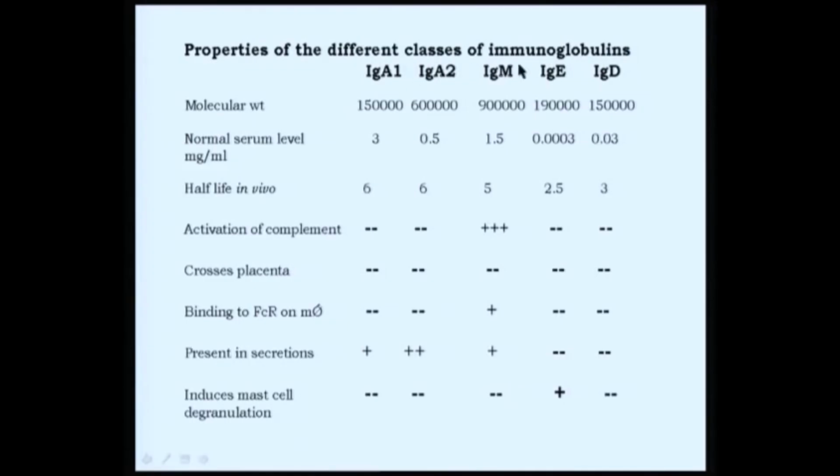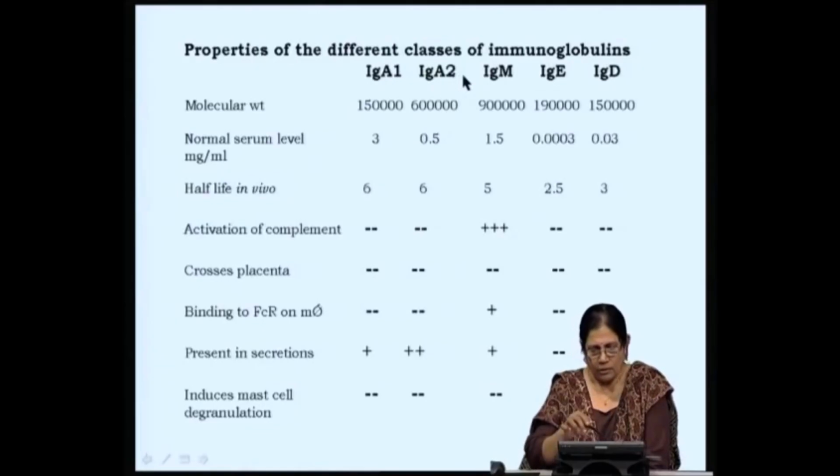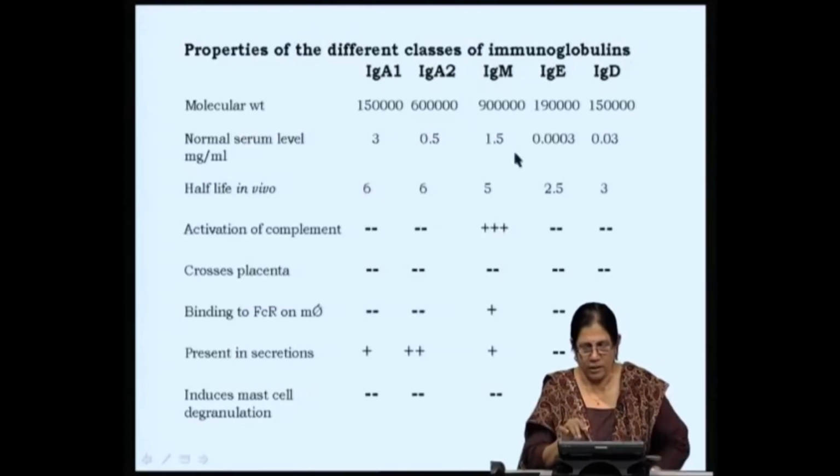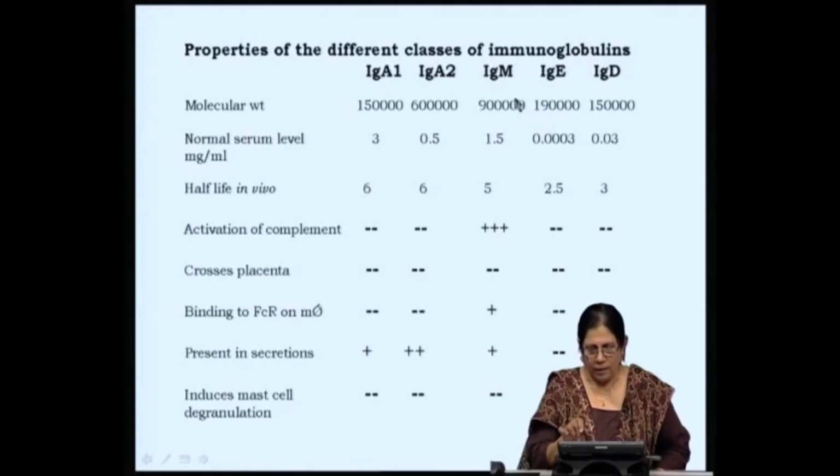Now, properties of the different classes of immunoglobulins other than IgG, that is IgA1, IgA2. This is a monomer, this would be a dimer, trimer, IgM, E and D. You can see that IgM being a pentamer along with the J chain has a molecular size which is around 900,000.